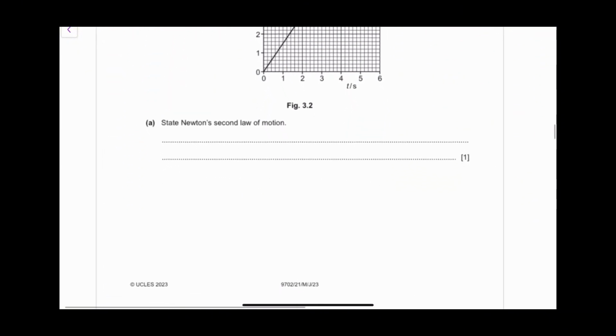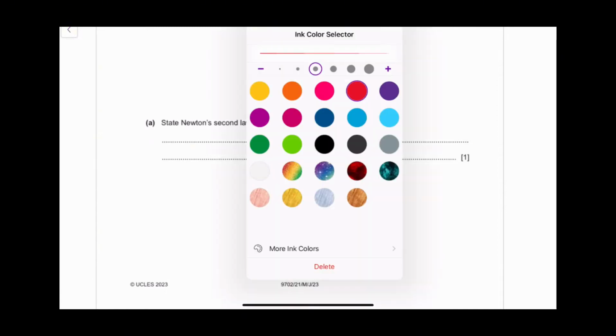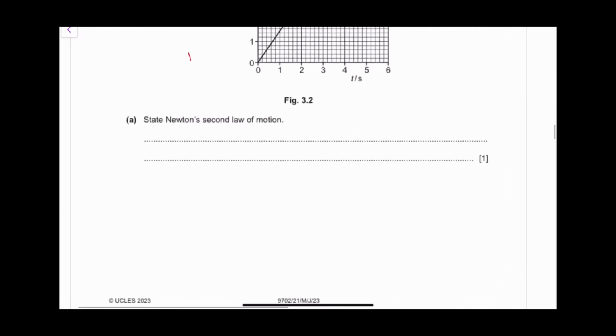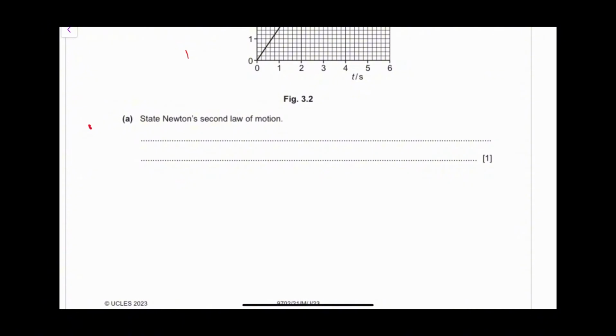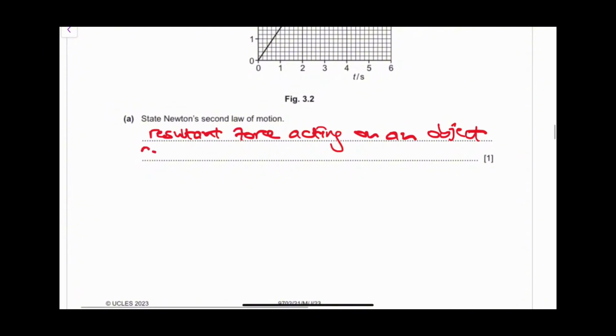But let's first start with the question before we get to answer anything else. The first question is: state Newton's second law of motion. They just want to test us and see if we really know Newton's second law of motion. Newton's second law of motion states that the resultant force acting on an object is proportional to the rate of change of momentum.